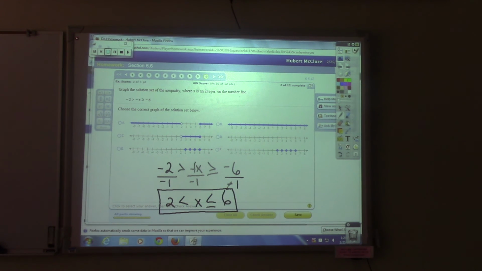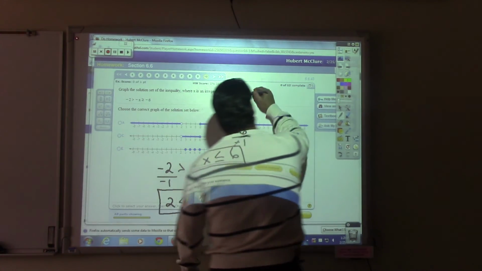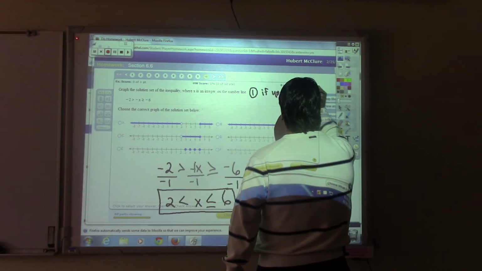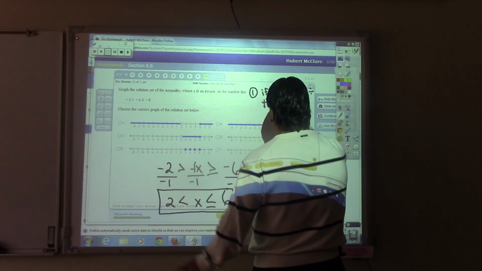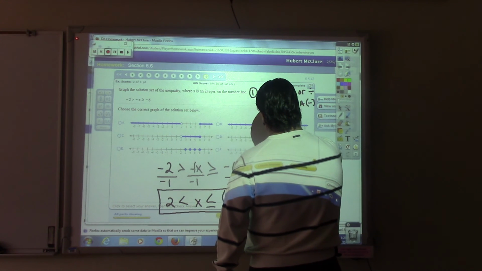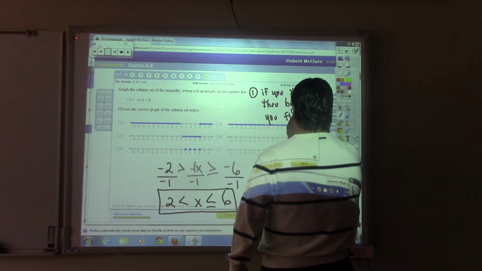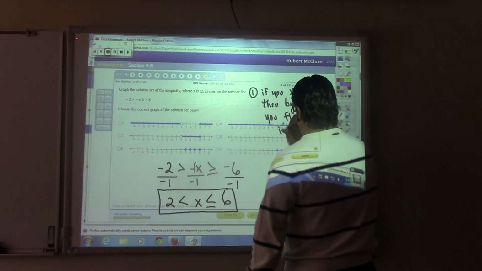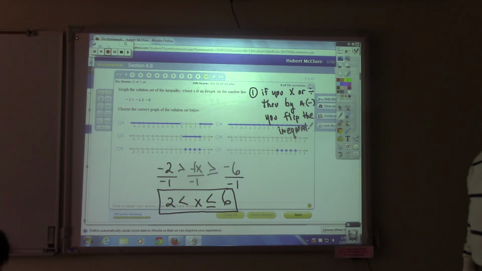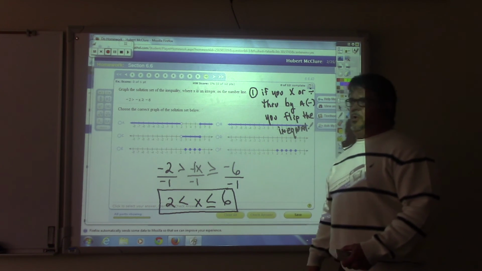Now this problem is a good problem that I picked because there's two things I can show you here. One rule that I'm trying to show you: if you multiply or divide through by a negative, you have to flip the inequalities.